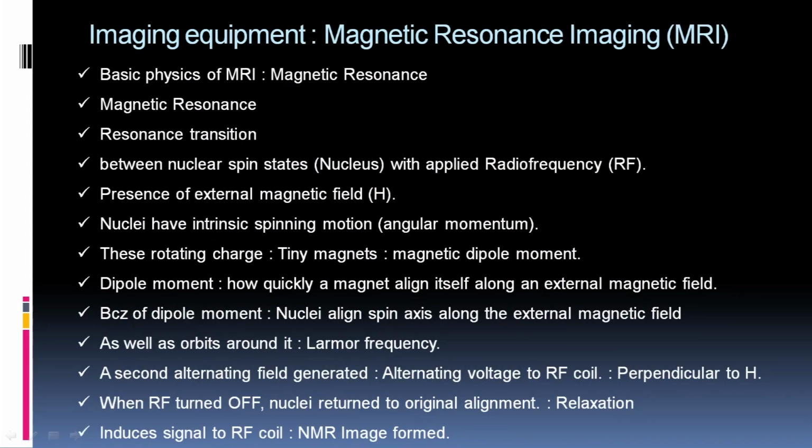Now, one more important imaging equipment is magnetic resonance imaging. It also does not involve any kind of ionizing radiation, and the basic physics of MRI is magnetic resonance. Now, magnetic resonance is the resonance transition of nuclear spin states with an applied radio frequency signal, in the presence of an external magnetic field.